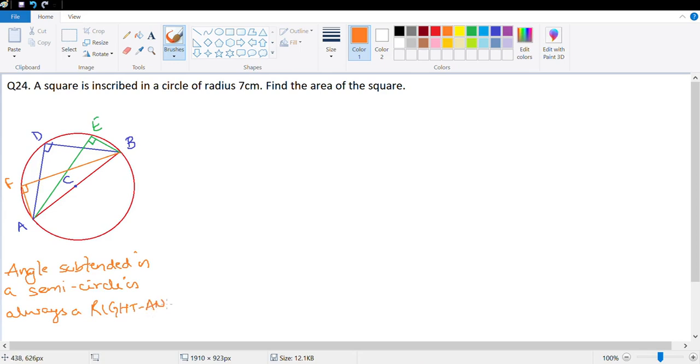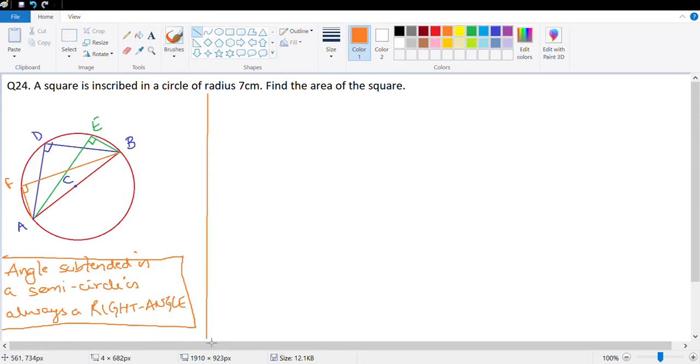So that's a property that we would be doing in the chapter circle, but this next question requires us to use that property. That's why I am introducing this property to you now. So I repeat, any angle in a semicircle, angle subtended in a semicircle is always 90 degree.